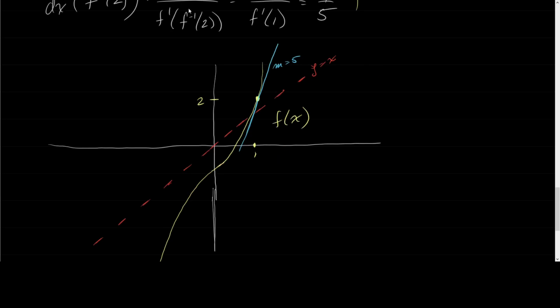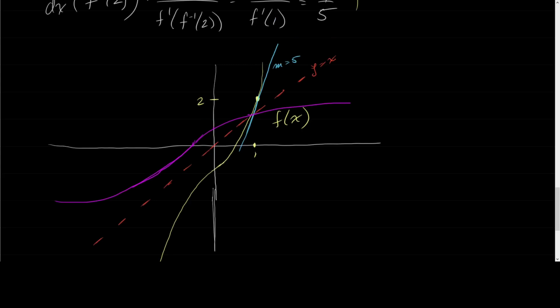Now, in purple, let's look at what f inverse of x looks like. Well, again, they're mirror images about that line y equals x. So it's going to look something like this. And what we see here is that this point 1, 2 existed on f of x.